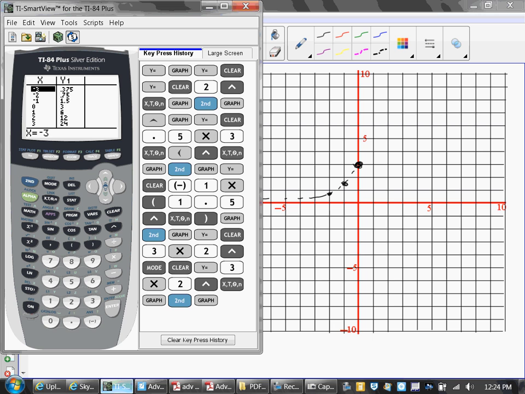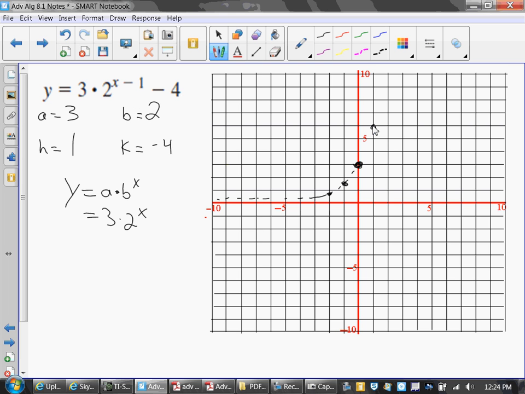And then at 1 it was 6, at 2 it was 12. So it's doing this. Sometimes not all of these are going to fit on your graphs completely perfectly. That is the parent function, correct.